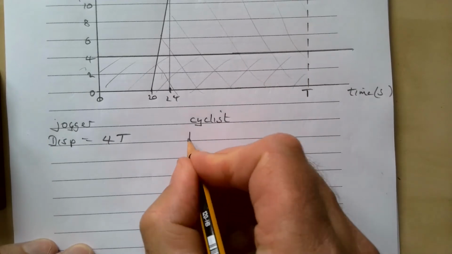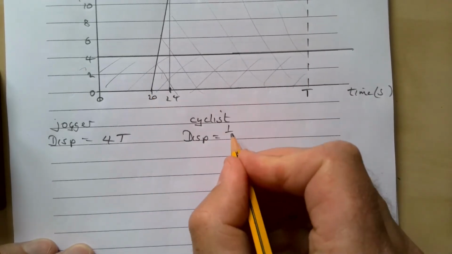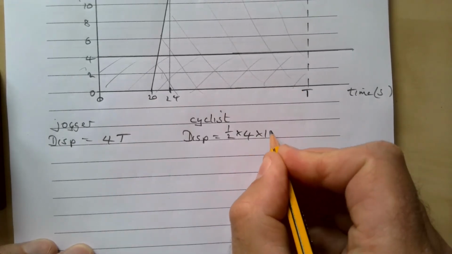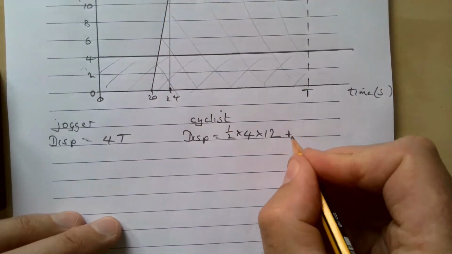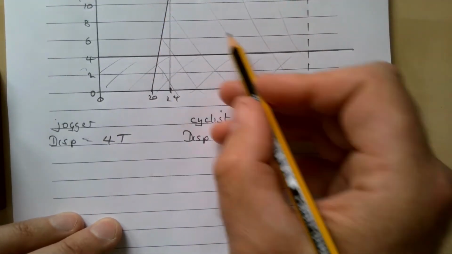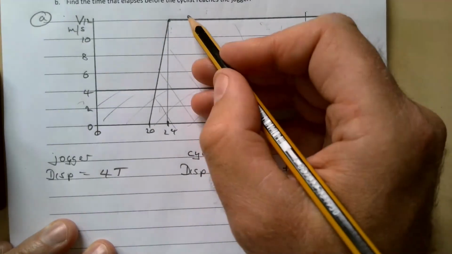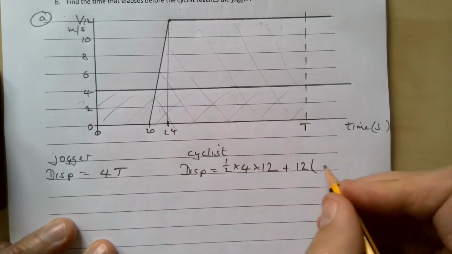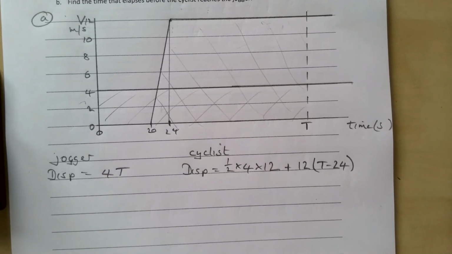So that's going to be a displacement of a half times base times height, which is a half times 4 times 12, plus this, we're working out the area of this rectangle. The height is 12, and this distance here is t take away 24. I hope we can see that. That's quite hard to see, but that's the way it'll work out.